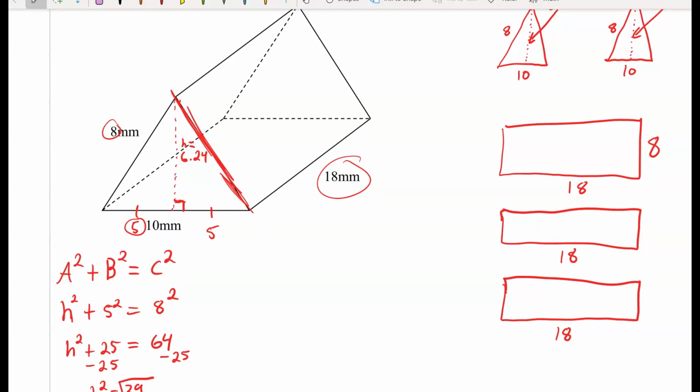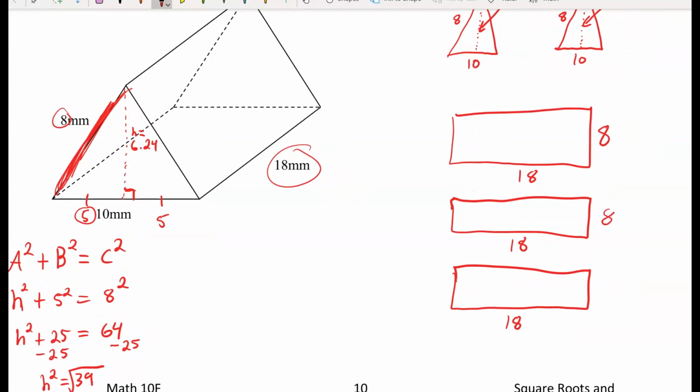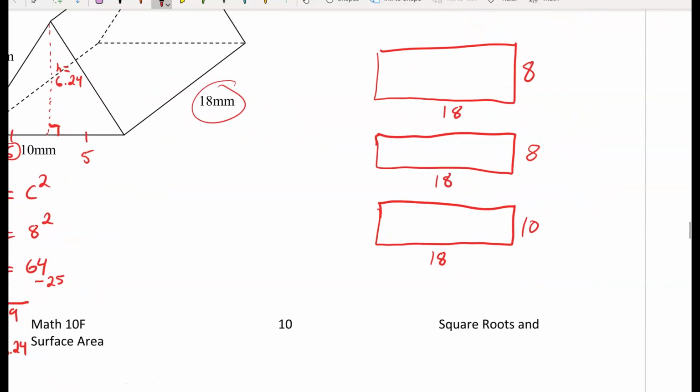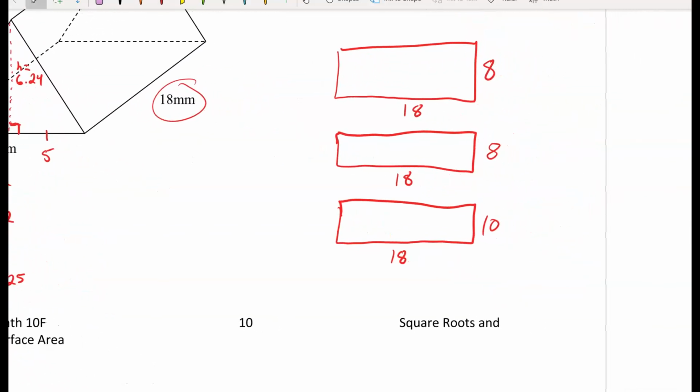And then the length from here to here, which we know is 8. And then the length across the bottom, which we know is 10. Reminder that these aren't to scale, so they don't look the appropriate sizes, but they're there just to help us calculate.